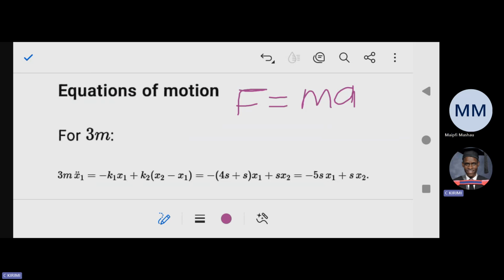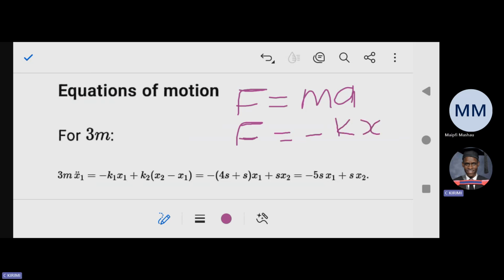That's where the issue of the signs comes in now. So let's go to the masses and the displacement, and the minus kx, where is it going to come from? We know that force as well is equal to minus kx.